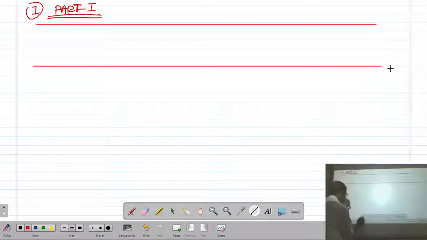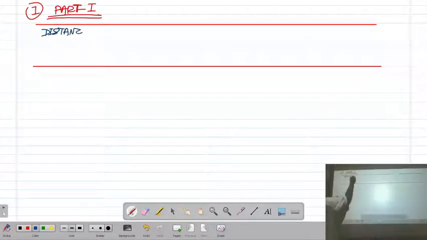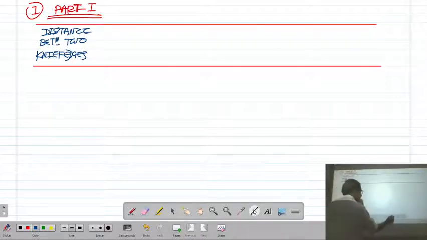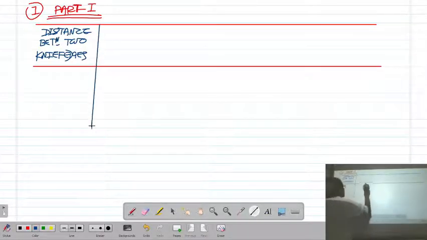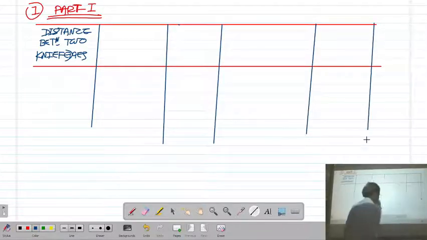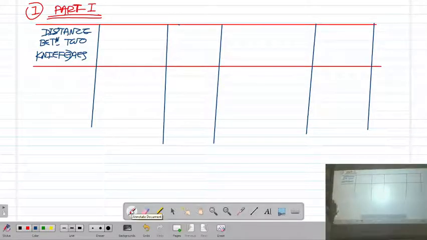Distance between two knife edges. Second is the time for 50 oscillations.